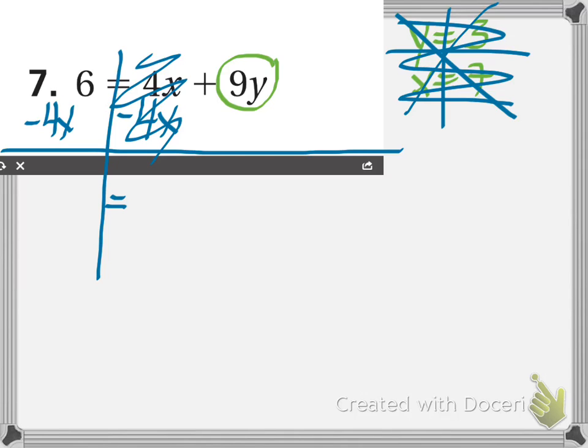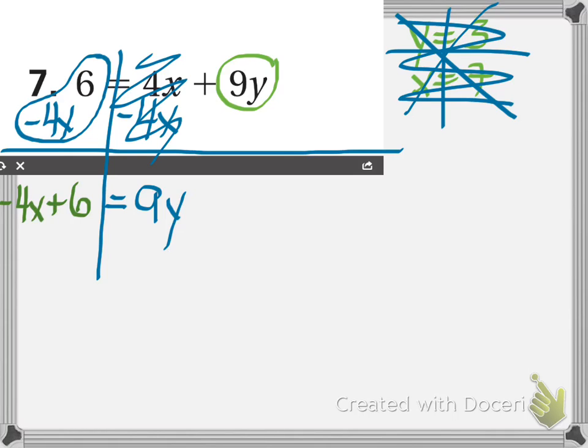So on my right-hand side, I just have 9y. On the left-hand side, can we combine 6 minus 4x or negative 4x plus 6? No, we cannot. So we are just going to write negative 4x plus 6, and that equals 9y.